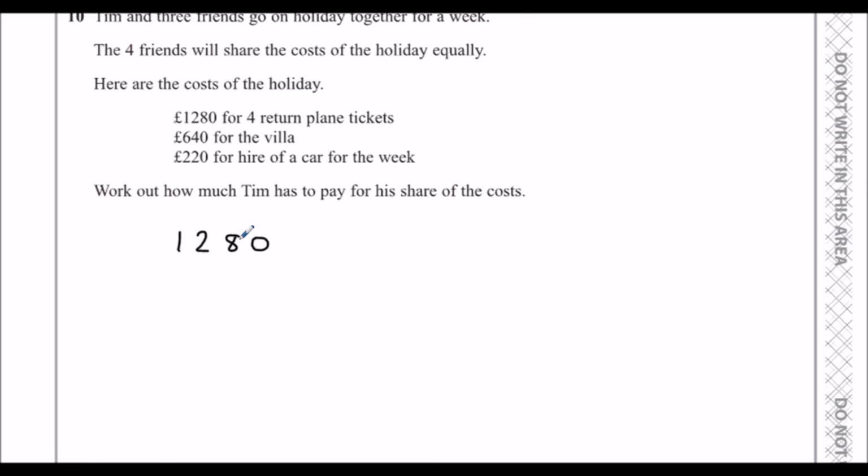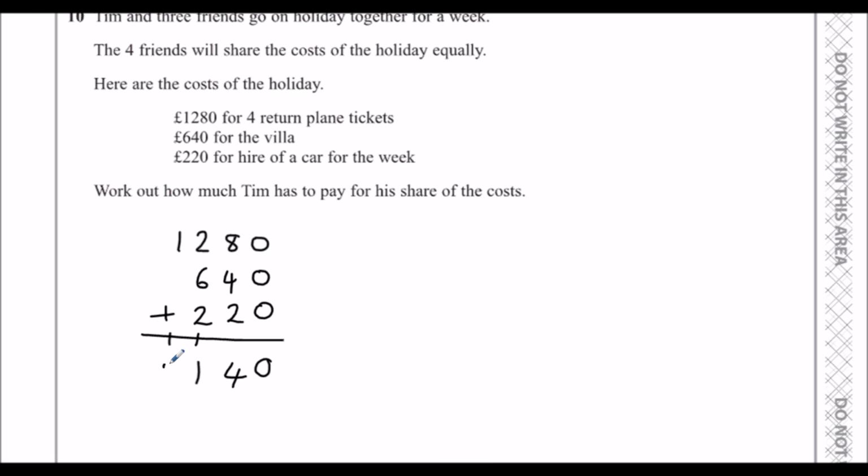So we've got 1,280 for the plane tickets, 640 for the villa, and 220 for the car hire. So 0 plus 0 plus 0 is 0. 8 plus 4 plus 2. 8 plus 2 is 10, plus 4 is 14. 2 plus 6 plus 2. 2 plus 6 is 8, plus 2 is 10, plus the extra 1, that's 11.